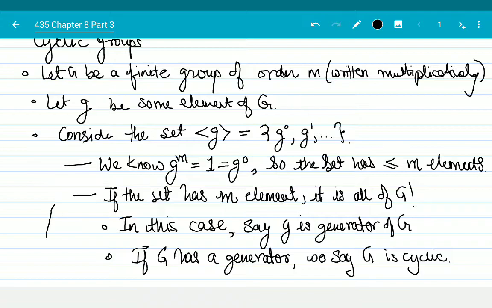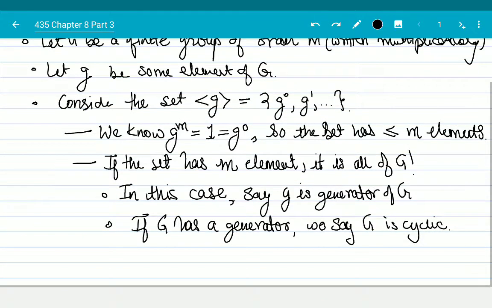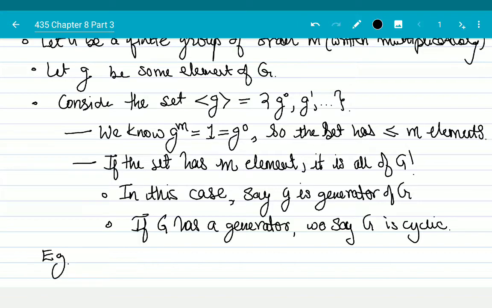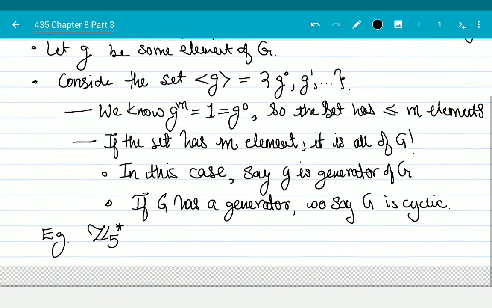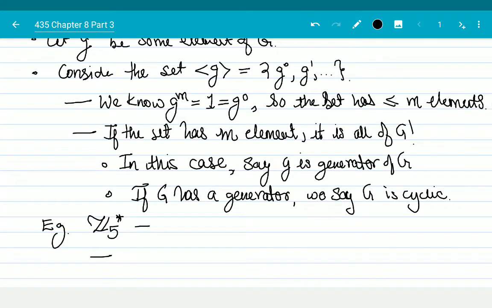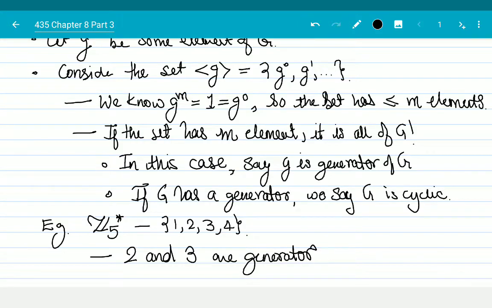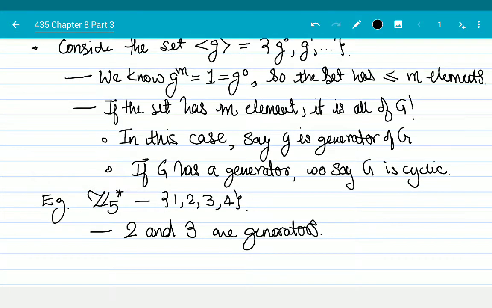Okay. And we saw some examples. For example, in Z5 star, we had 1, 2, 3, and 4. Identity was 1. 2 and 3 were generators, and 4 was not a generator.